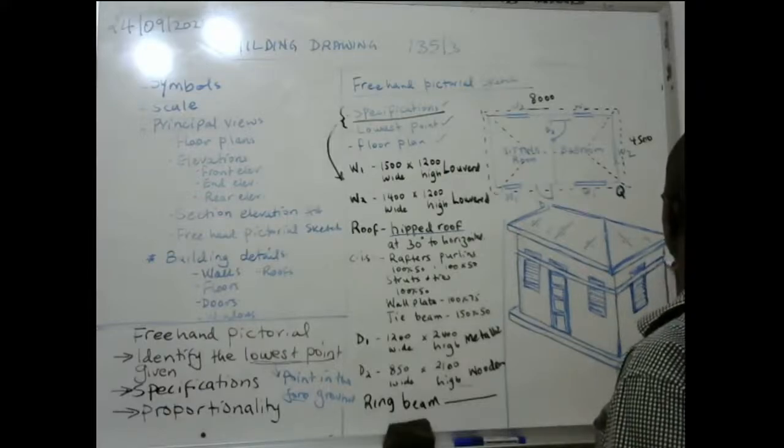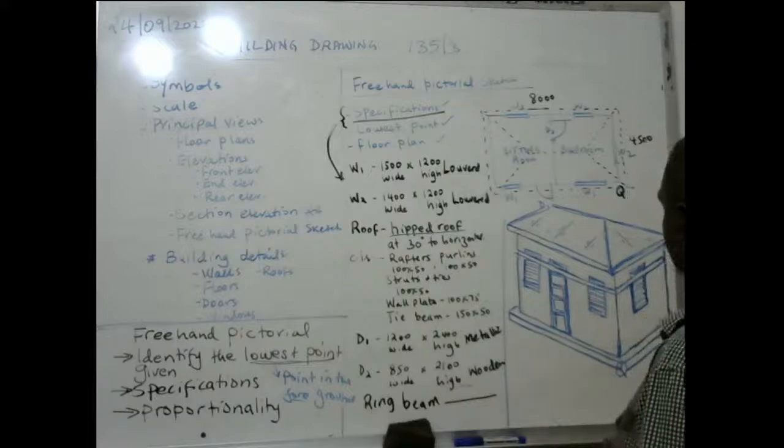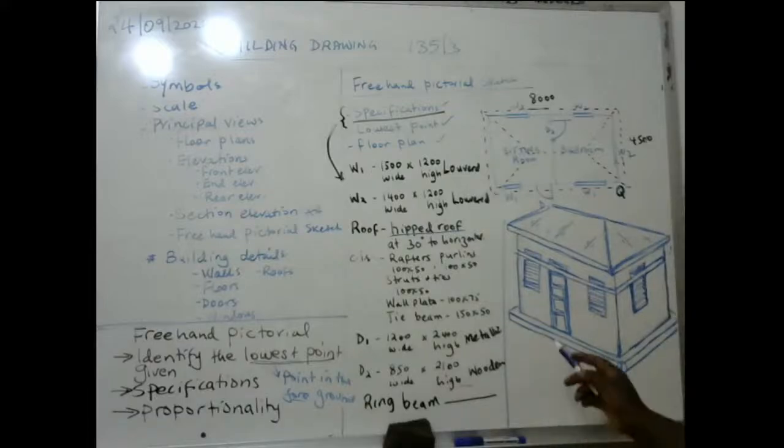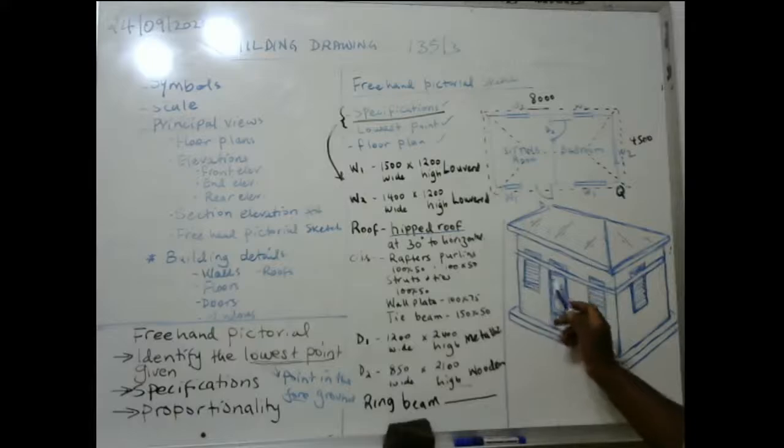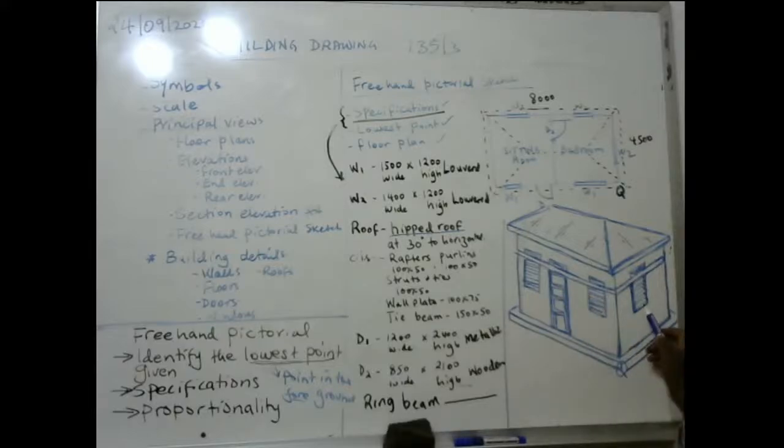But the point here is that this is window 1 and this is window 1. Then this one is window 2. So when you're making the freehand pictorial, you try to bring it out that these are two different.